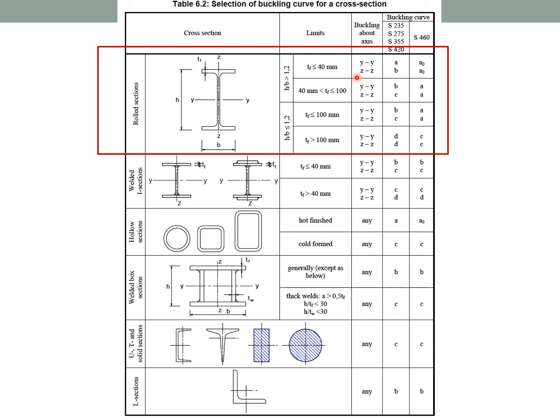Let's say we have a TF less than 40 and we are going to design buckling about the ZZ axis. Then you can get buckling curve B. Or if you check for the YY axis, then you can use buckling curve A. It depends on the buckling axis that we check. Then we can identify our imperfection factor alpha.